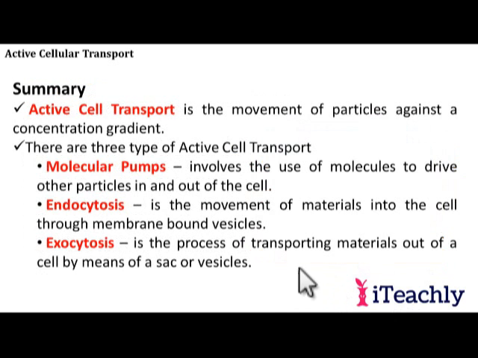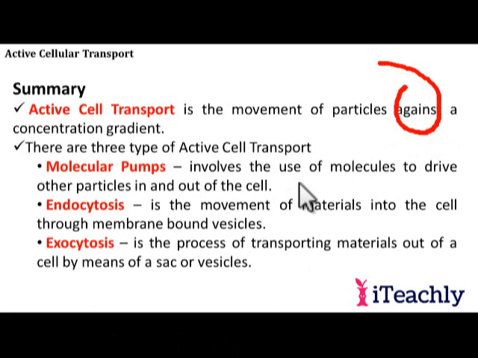Just in case you did not get any of these things, make sure that you have this written down. Okay? Active cellular transport is the movement of particles against, so your key word here, against, a concentration gradient. You've got 3 types. The molecular pump.